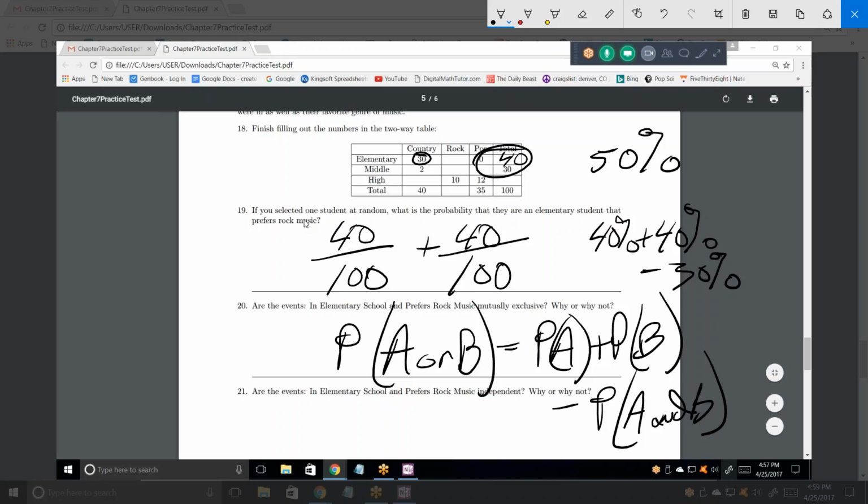Let me make sure I get the right probability formula here. I think I can find it. Oh man, maybe this book I have that I'm trying to find this stuff in doesn't cover this enough.